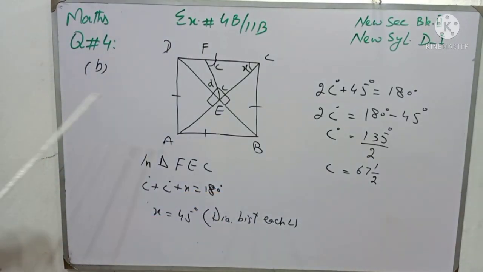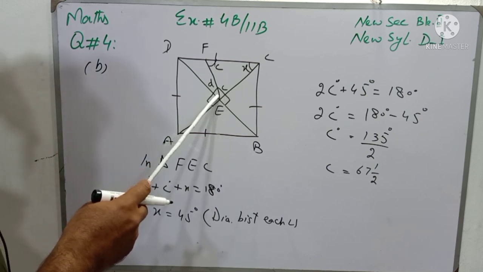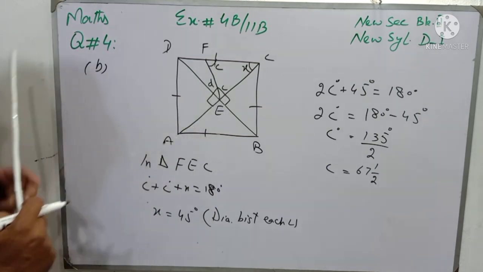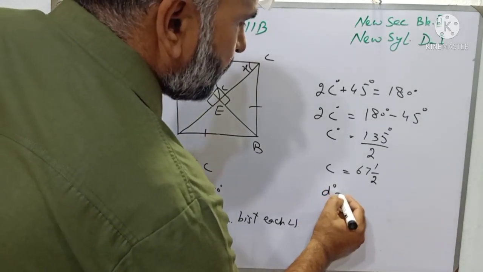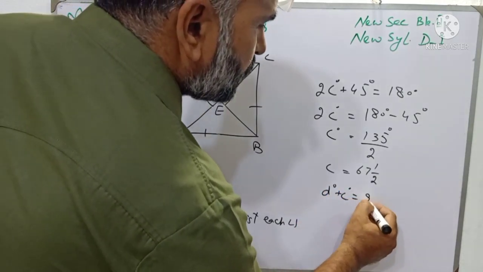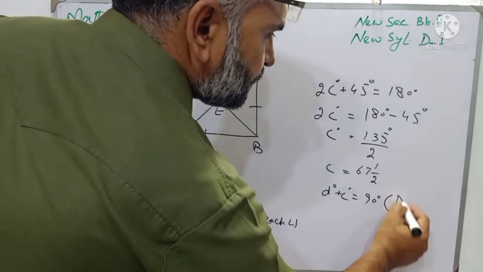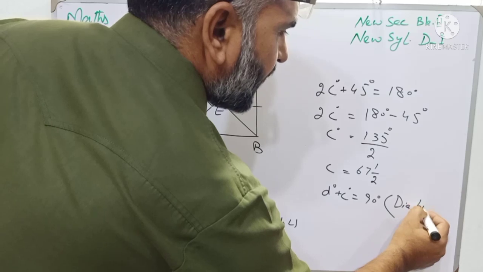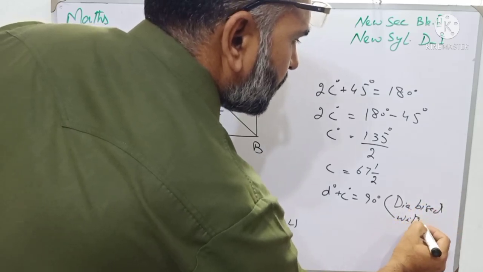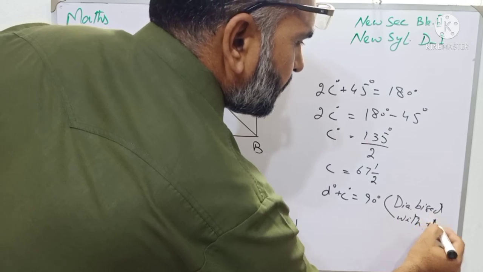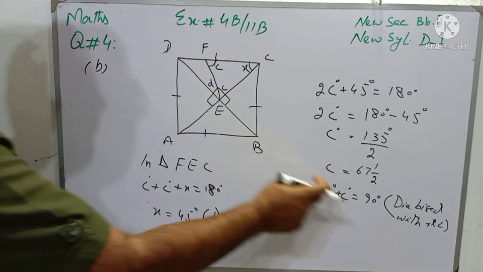And now students, as the diagonals of a square bisect each other at right angles, angle D plus angle C is equal to 90 degrees. D degrees plus C degrees is equal to 90 degrees, and the reason is that diagonals bisect each other at right angles.